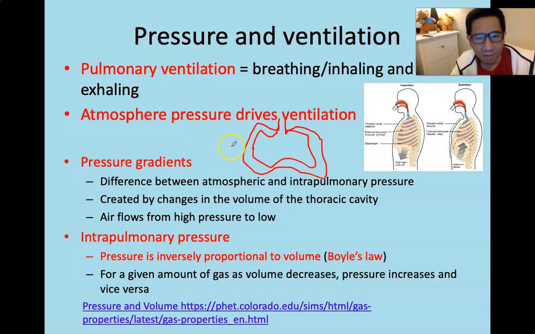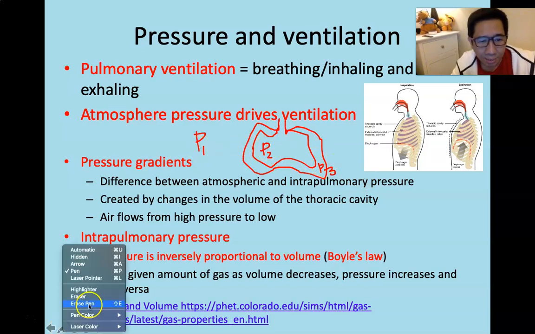And you have the atmospheric pressure. Let's call the atmospheric pressure P1. The pressure inside the lungs is called P2, and the pressure between the lungs and the parietal pleura, the visceral and the parietal, is called P3. So you have P1, P2, and P3.